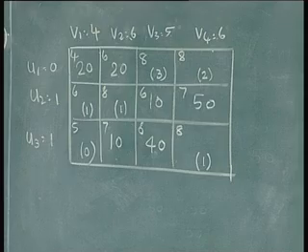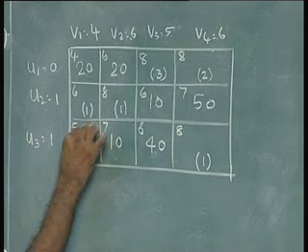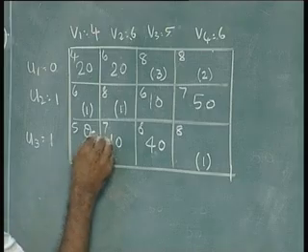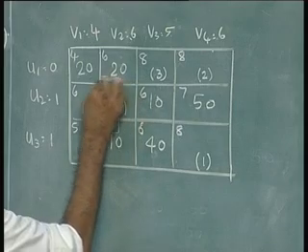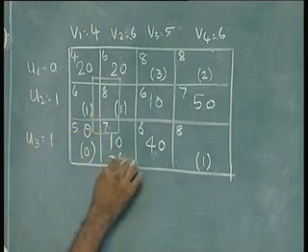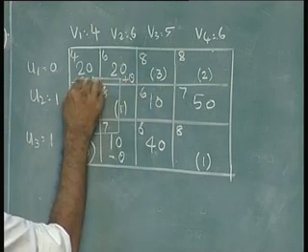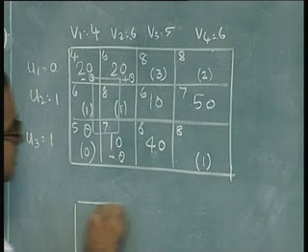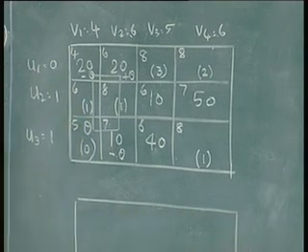So we evaluate the alternate optimum by trying to put a theta here. Now we once again complete the loop. So this theta would mean this as the loop. So 10 minus theta, 20 plus theta and 20 minus theta. So the new solution will look like this.